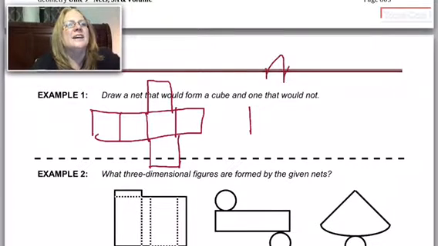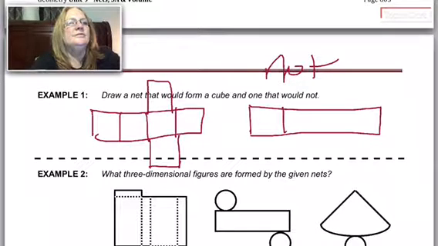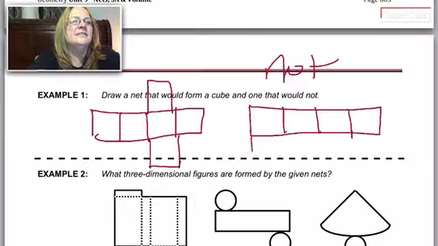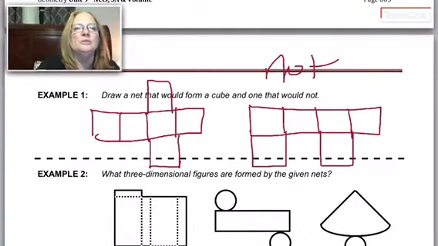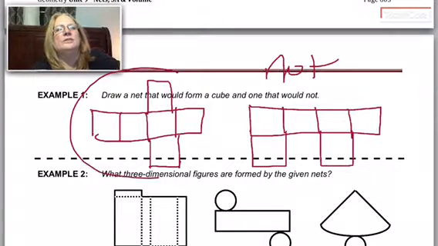This one would not. And I'm trying to draw those the same size, but that wouldn't form a cube if you built it up. But this one here would definitely form a cube.